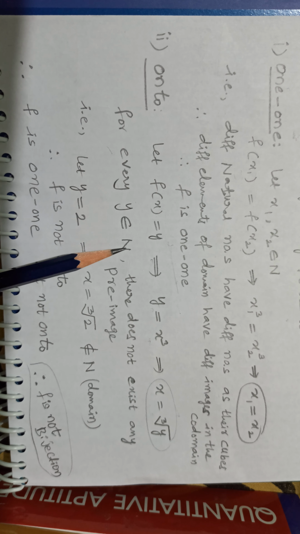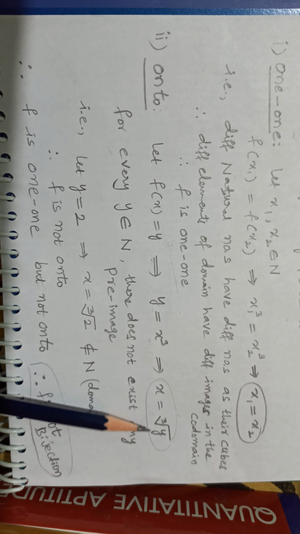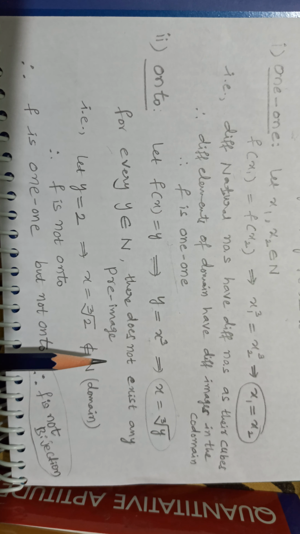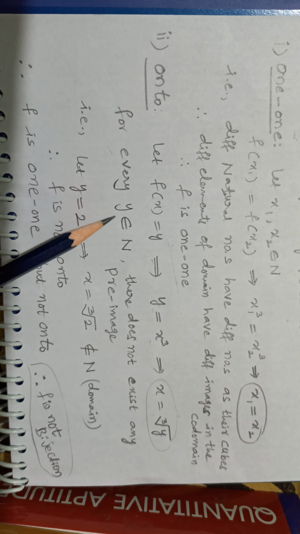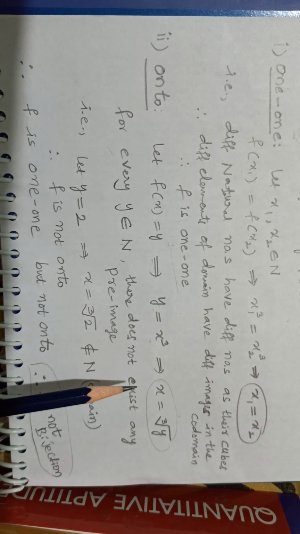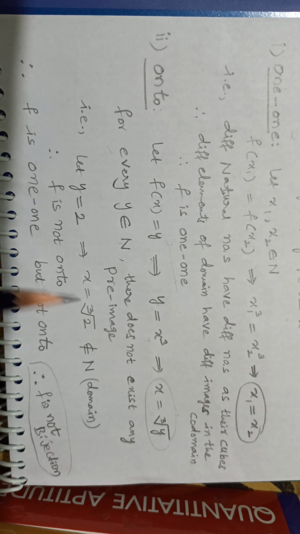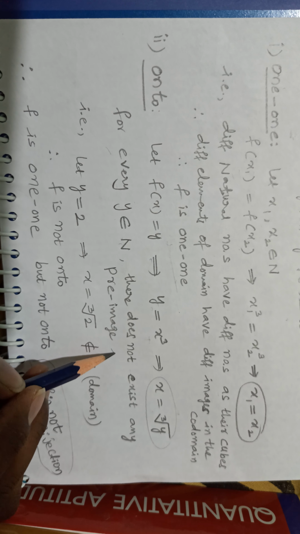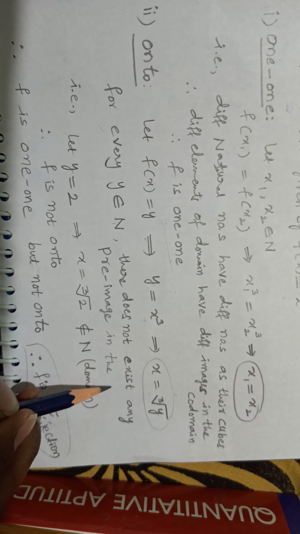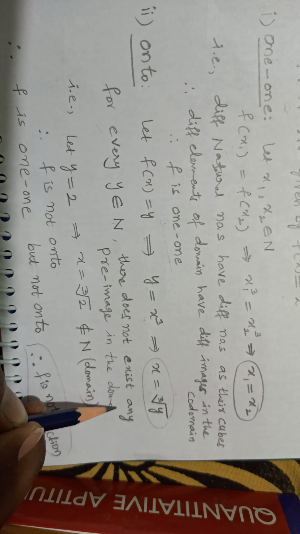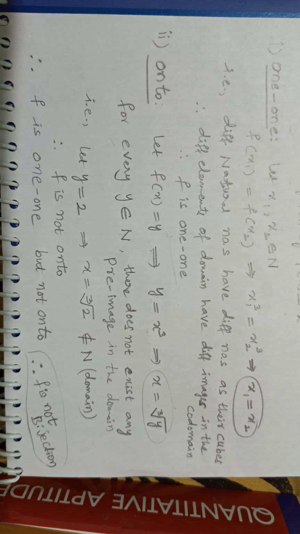For every y belonging to N, if you substitute any natural number in place of y, does the cube root of that natural number lie again in the natural number set? No. See, that's what: for every y belonging to N, there does not exist any pre-image in the domain. From the codomain, if you substitute any number, the codomain means N, domain also N here.